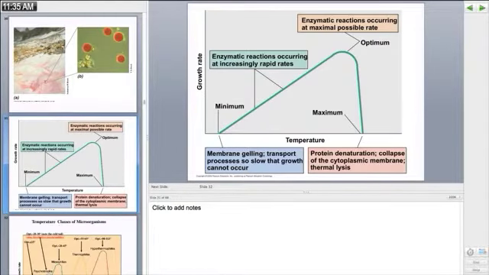Okay, but in terms of an individual bacterial species, regardless of what temperature it uses as its optimum, there are minimum and maximum temperatures, and there's reasons for there to be minimum and maximum temperatures.